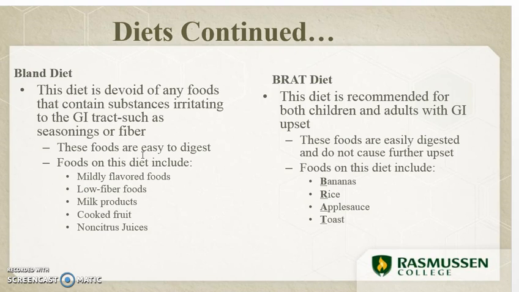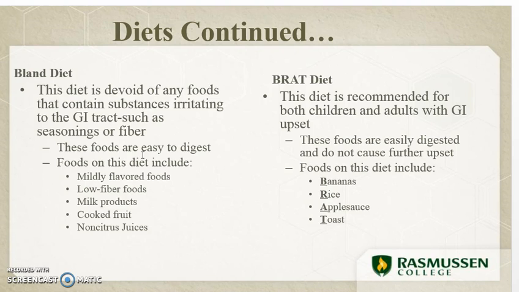Next, we have our bland and BRAT diet. Bland is when we remove any foods that contain substances irritating to your GI tract, typically because somebody has a GI issue, maybe something like Crohn's, or maybe they have irritable bowel syndrome.